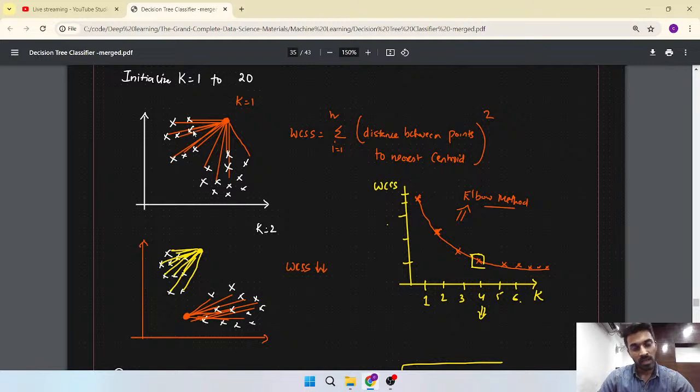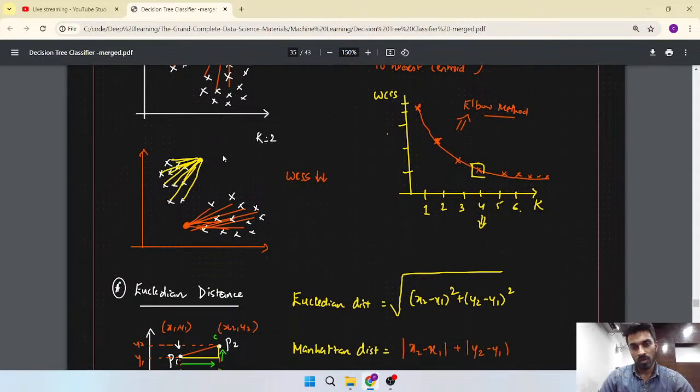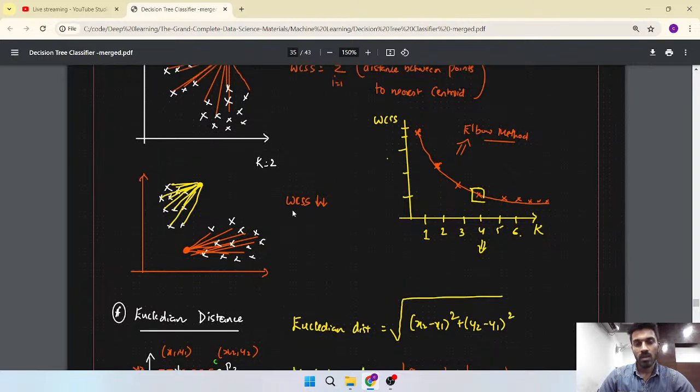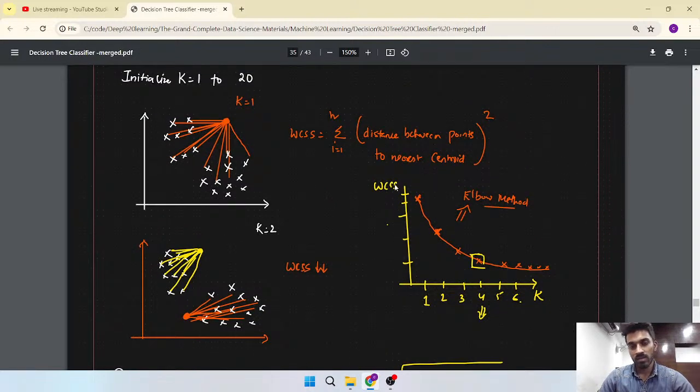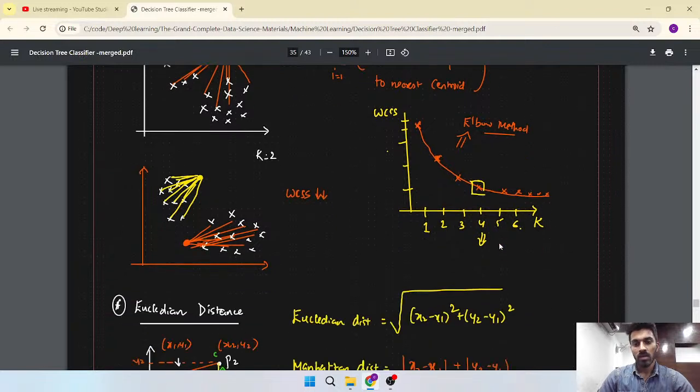You can apply any distance formula, Euclidean or Manhattan distance, and then this is your WCSS score. And suppose you apply k equal to 2, then again apply the WCSS score, and you will get some score here. And this is the elbow method basically.